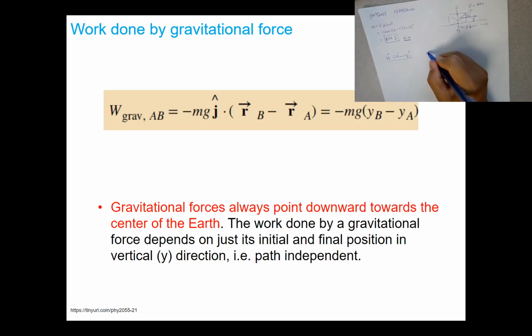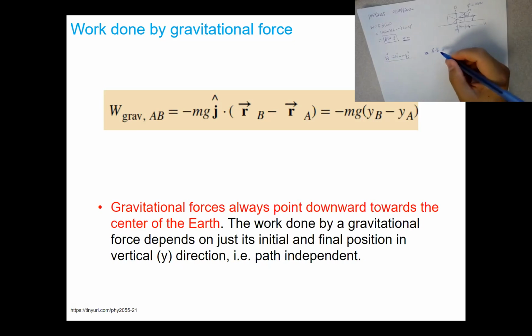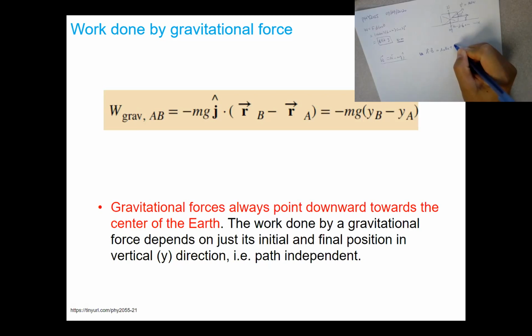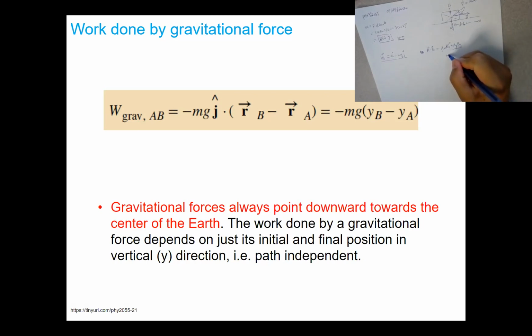If you remember, with two vectors' dot product, if this is two-dimensional, then it's equal to ax bx plus ay by. If one component is 0, then that term will be 0, so it will be just ay times by. In this case, it will be just minus mg times the y of the displacement, so yb minus ya.